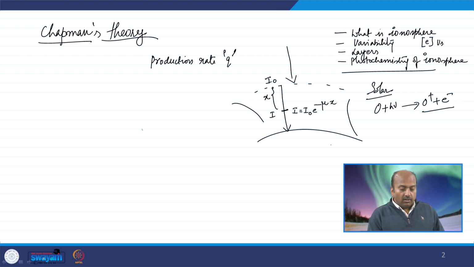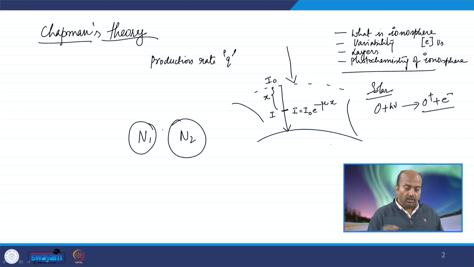So if you go back to n1 and n2, you assume n1 to be the number of photons available for ionizing and n2 to be the number of neutral atoms or molecules which can be ionized. Then at the top, n1 is very, very large compared to n2, so the total electron density available will be decided by n2.